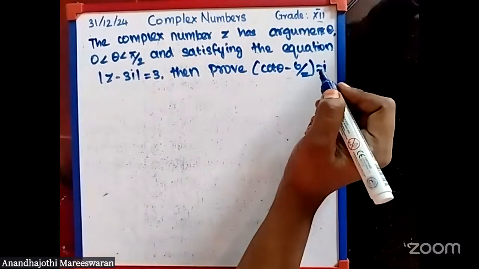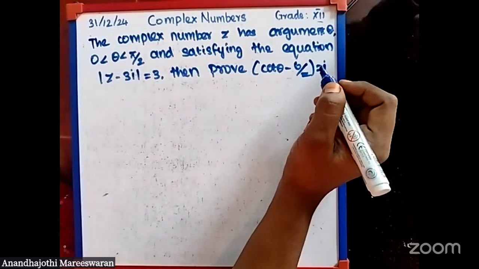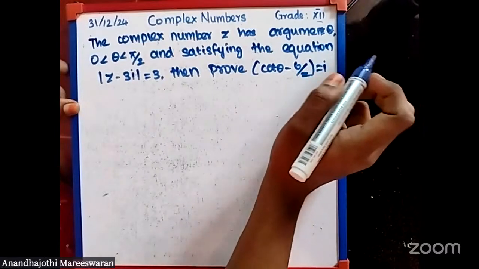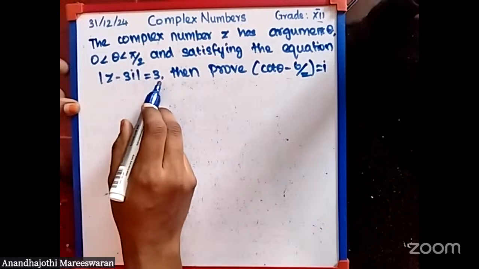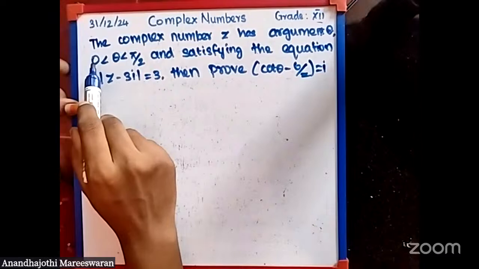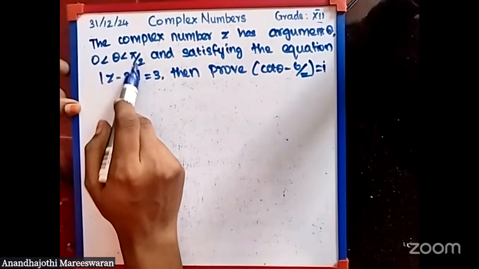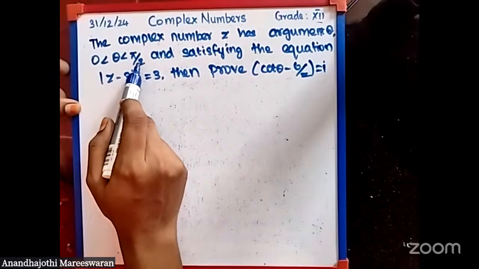Right? So what is given? They have given that the modulus of z minus 3i is 3, and the complex number lies in the first quadrant, since 0 to pi by 2 is 0 to 90 degrees.